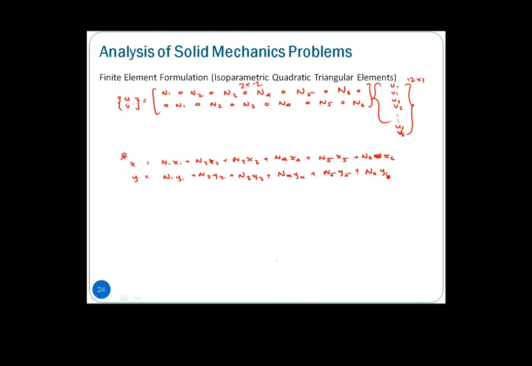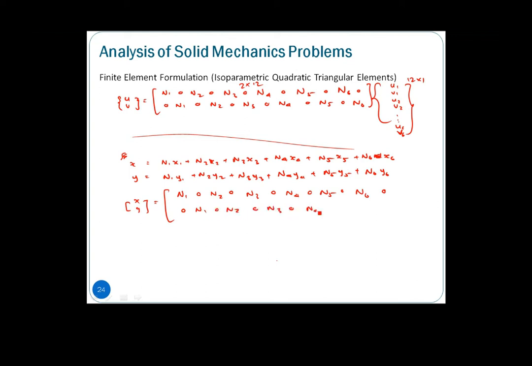Right. So in the matrix form, basically you can also represent that as you have seen here, with N1 to N6 arranged with zeros, multiplied by x1, y1, x2, y2 until x6, y6, so its positions. All right.